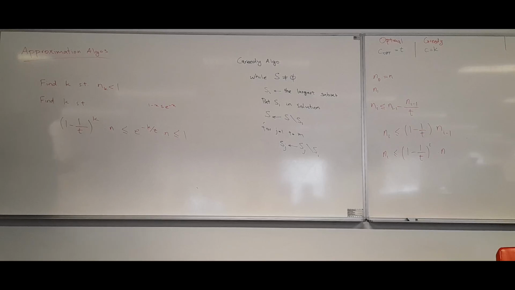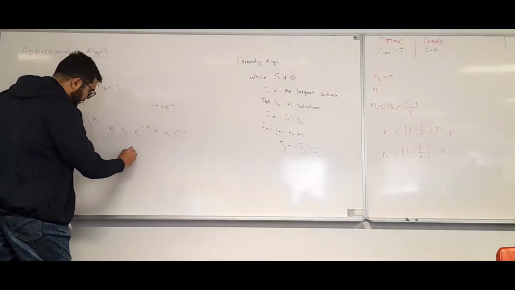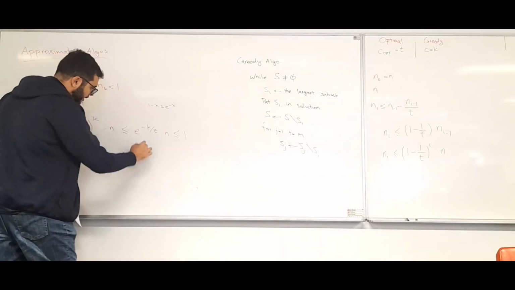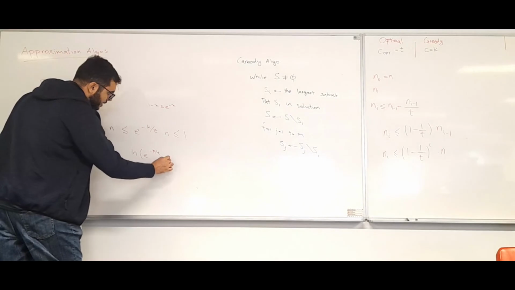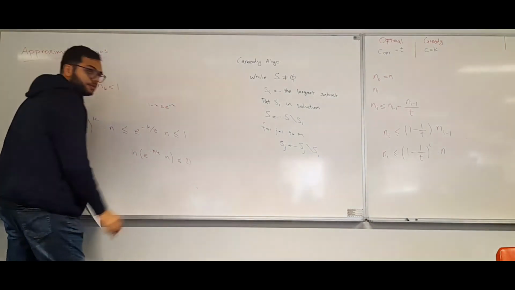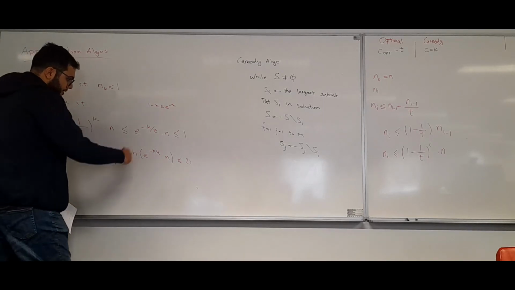How would you do this now? Yeah, just take the log, right? So if I just take the natural log, I can say that ln of e to the minus k over t times n has to be less than or equal to 0. And what is this?